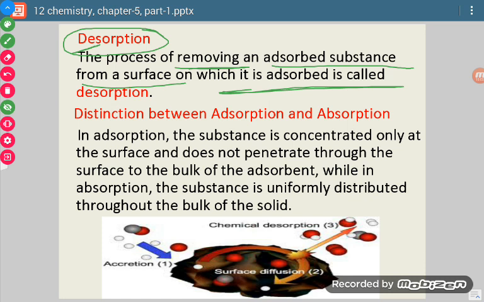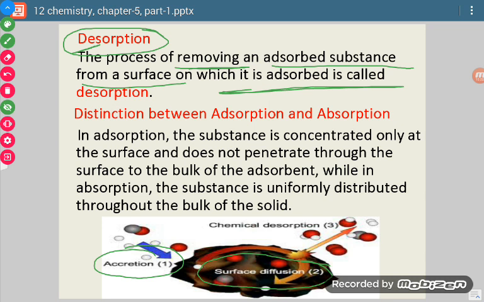Okay, now see here in this diagram that we have taken a particular surface. On that surface, in 3 steps we have shown accretion. Accretion means these gas molecules, or they may be liquid molecules also, are coming to the surface on which they are going to get adsorbed.